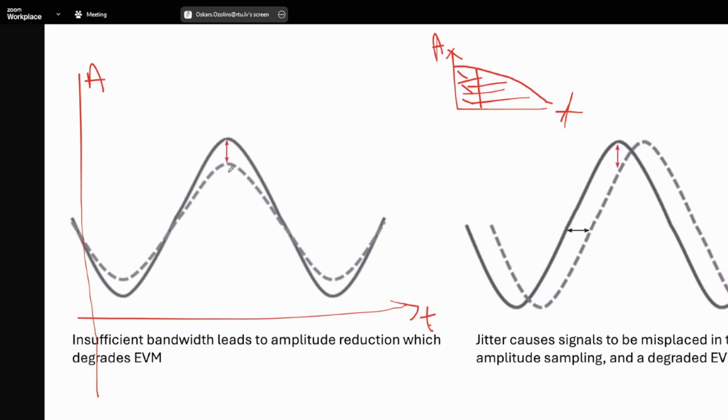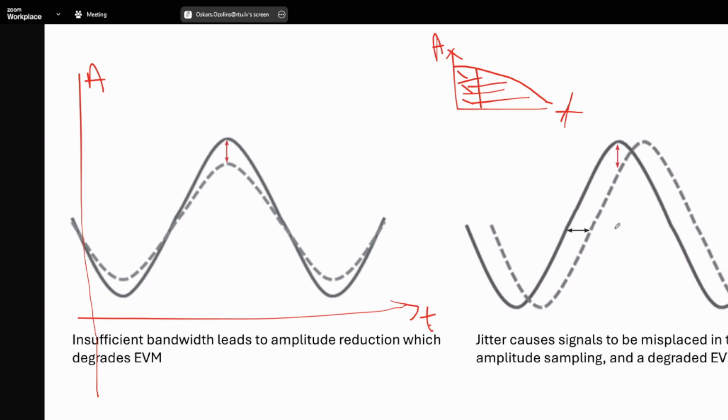So then the amplitude decreases quite significantly, and the error vector magnitude starts to get impacted because it's further away from ideal points. Also you get more noise impact because your signal to noise ratio becomes smaller. But yeah, the bandwidth filter is just filtering away the amplitude of the signal.